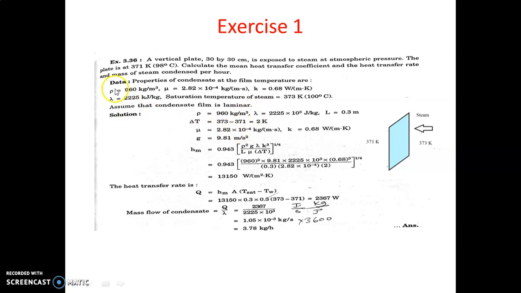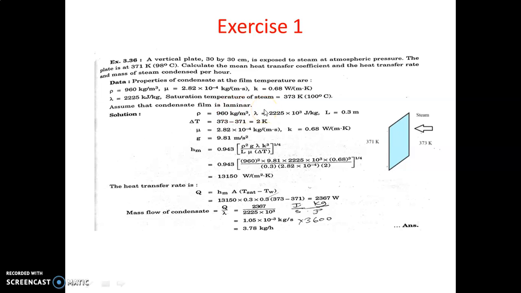In the data it is given that the properties of condensate are at film temperature, that means the temperature at which this film occurs is known as film temperature. So density is given, viscosity, thermal conductivity, latent heat and saturation temperature of steam is given. And additional information is given that assume the condensate film is laminar.